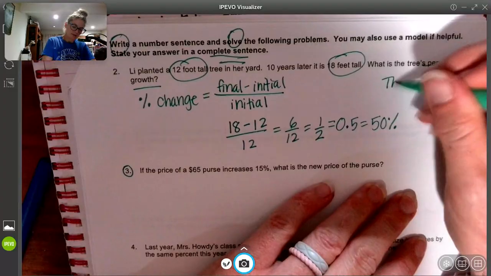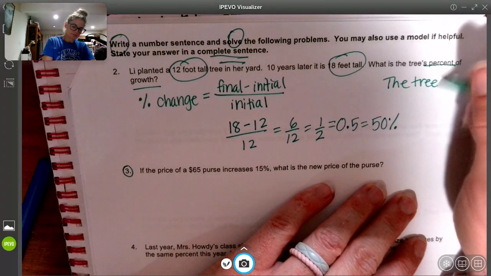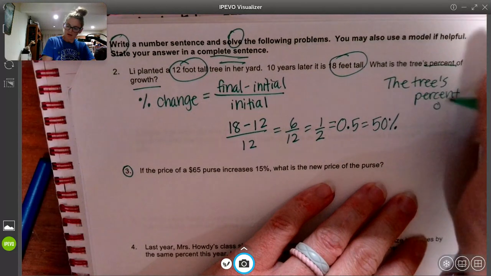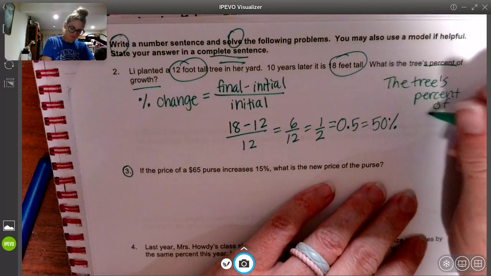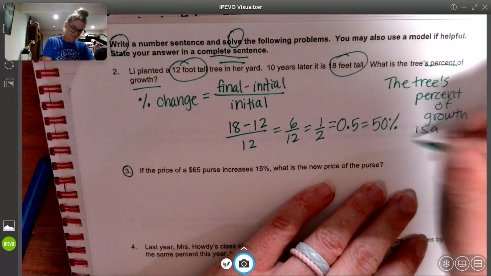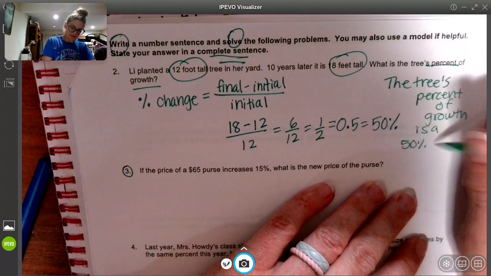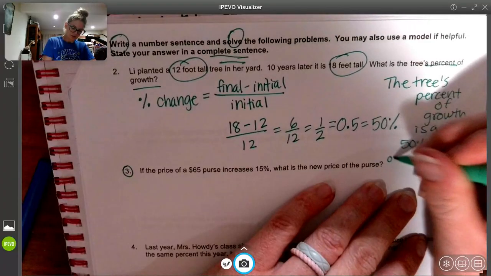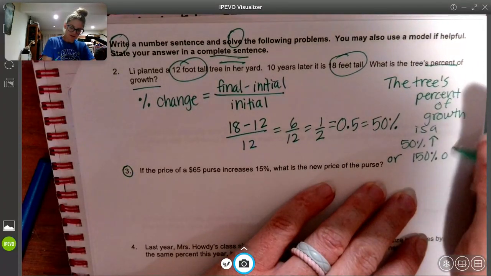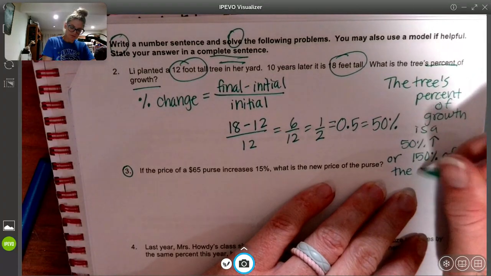So we can say that the tree's percent of growth is a 50% increase, or 150% of the original.